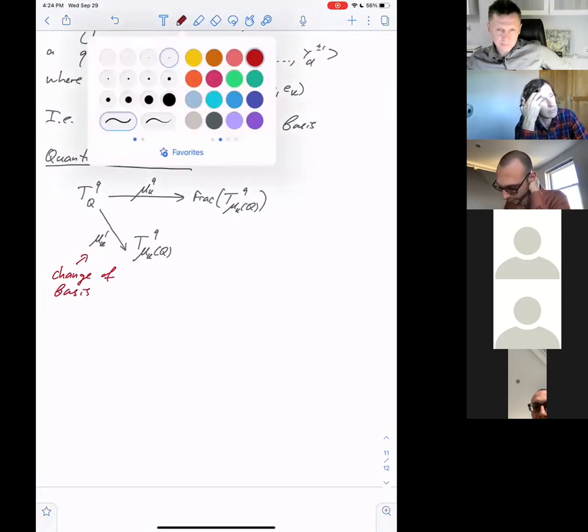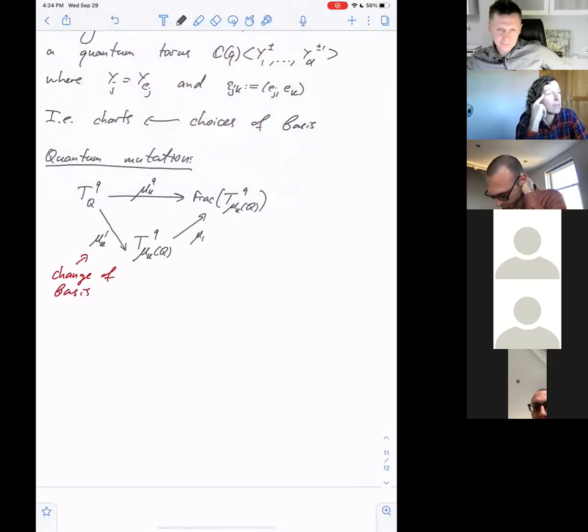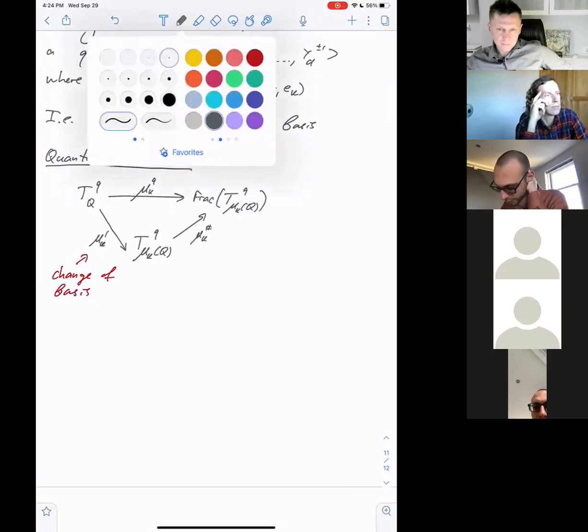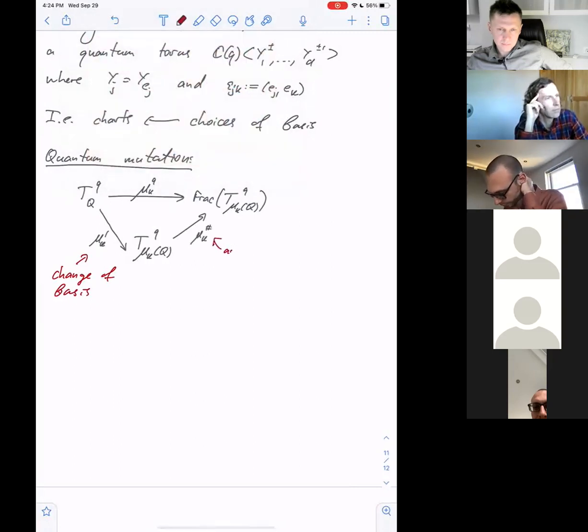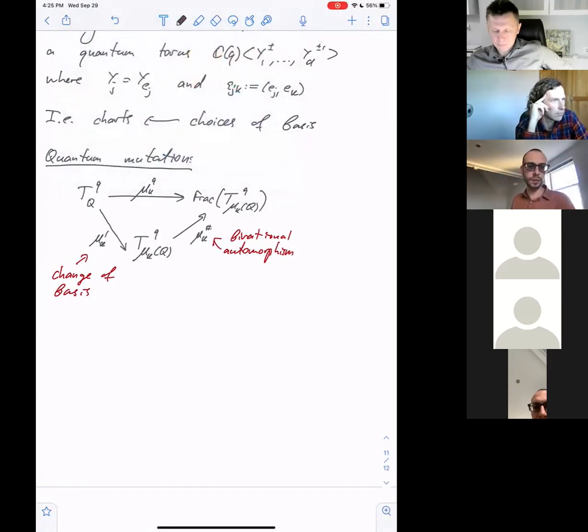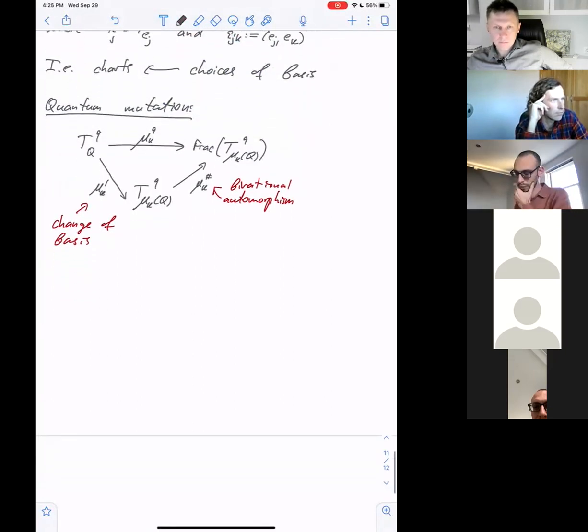And then there will be another map that's usually denoted mu_k sharp. And this is some birational automorphism of the latter torus. So let me describe these two maps, and that will be more or less it, almost.